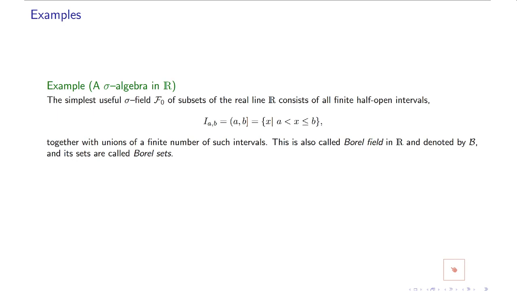So the simplest useful sigma algebra is for the set of real numbers. We could have the set of all subsets of real numbers, but we cannot measure its probability.